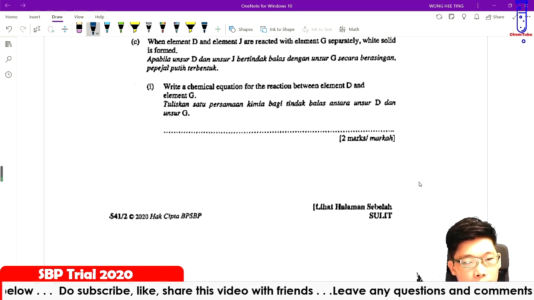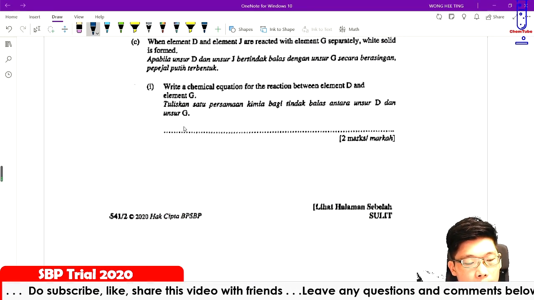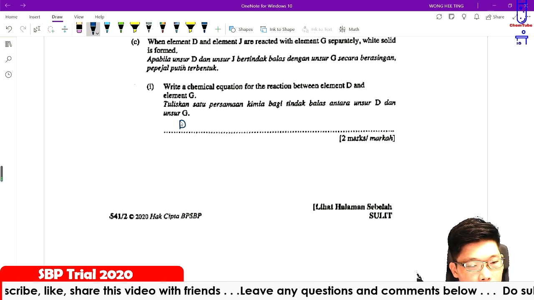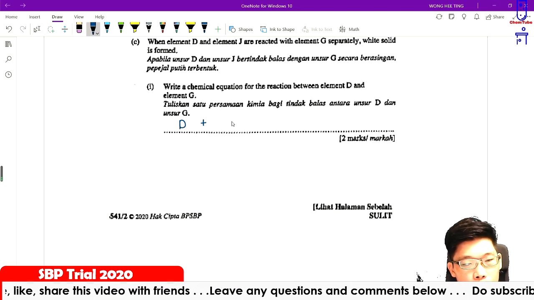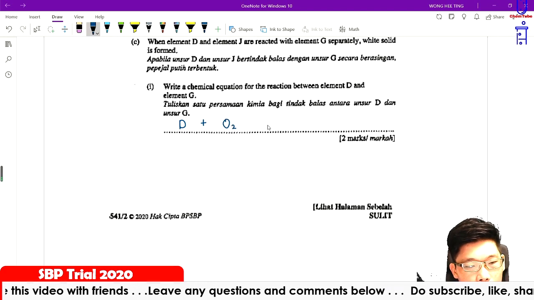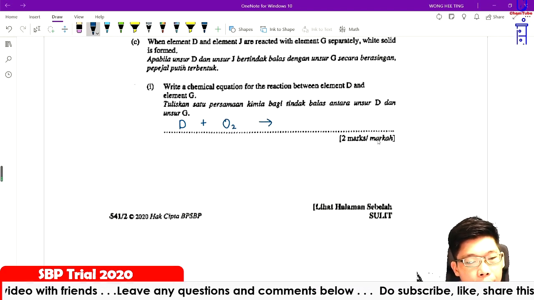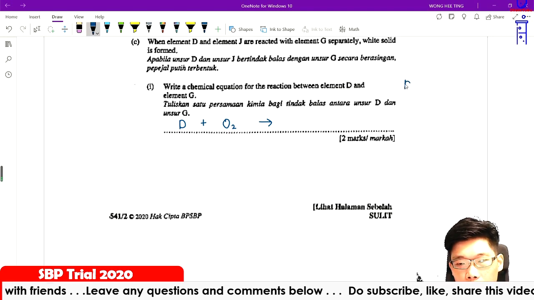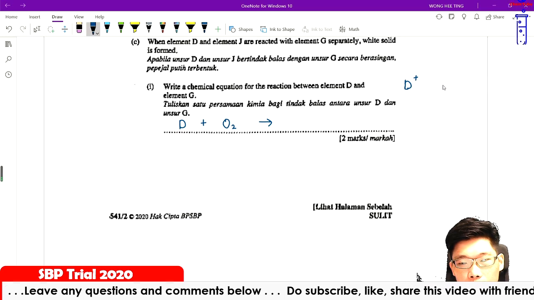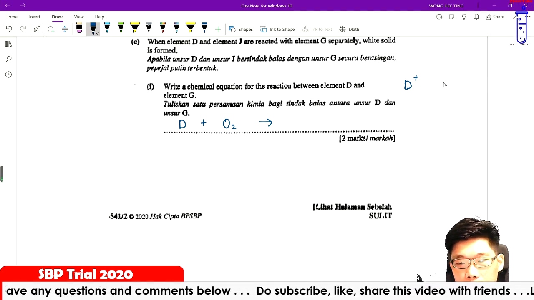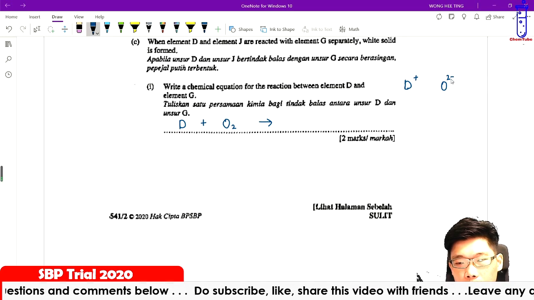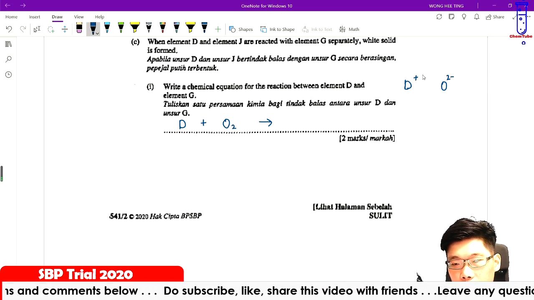If we want to write the equation, D is the metal, so it's an atom, reacting with G. G is oxygen, so oxygen exists as diatomic O2. When they react, D is group 1, so the charge is +1. Oxide is group 16, so the charge is 2 minus, because it will gain 2 electrons.